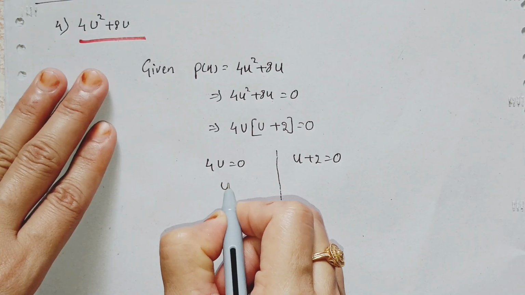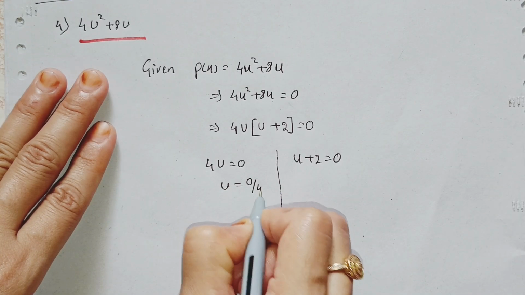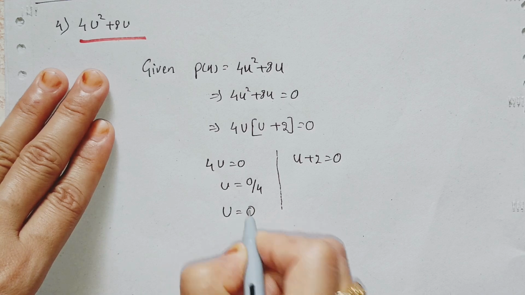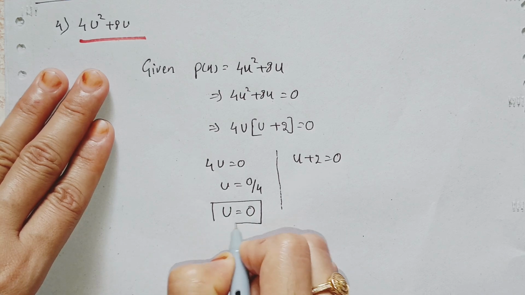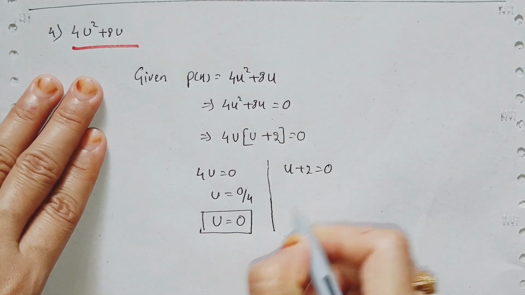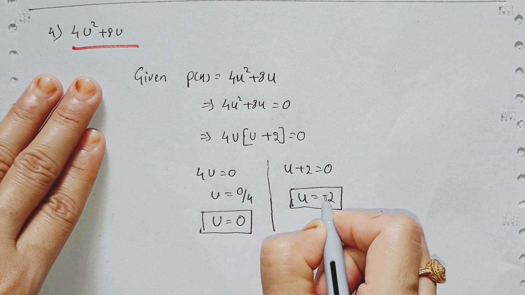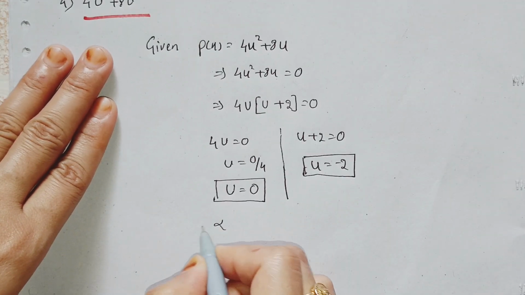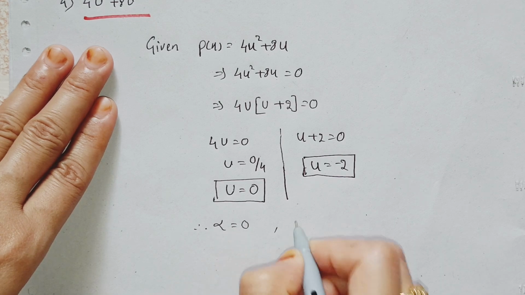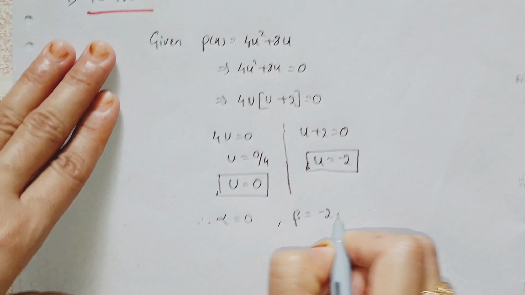That means u equal to 0 by 4, which is u equal to 0. This is one zero of this polynomial, and here u equal to minus 2. This is the second zero of this polynomial. Let us treat it as alpha equal to 0 and beta equal to minus 2.